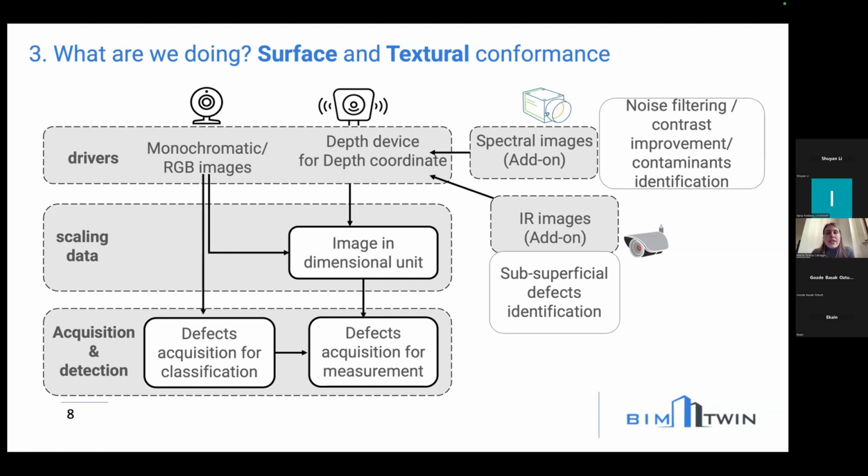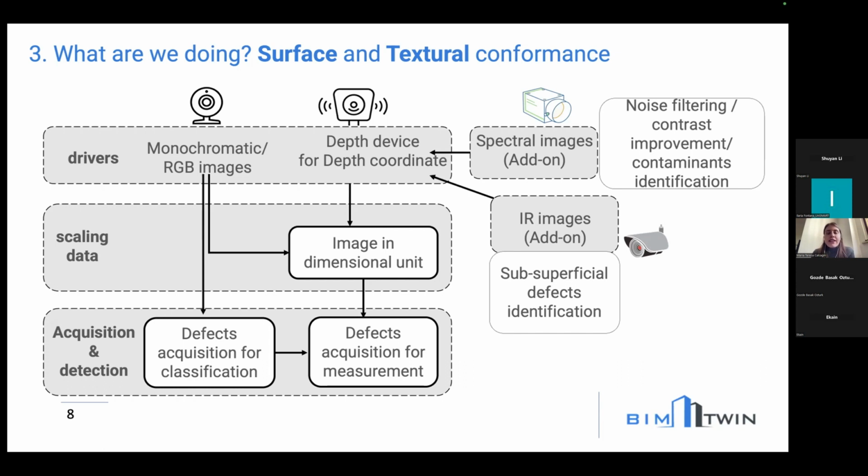Then we need to scale the data. So using the visible or monochromatic images combined with the depth device, we are going to obtain the image in dimensional unit. With all this information, we can perform acquisition and detection. From the images, we can acquire and classify the defects.